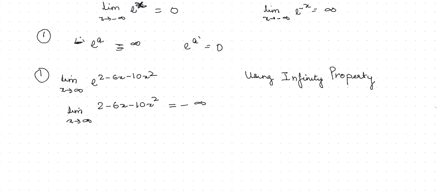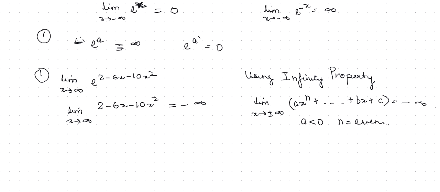Limit x tends to positive or negative infinity of ax^n will give negative infinity if a is less than 0 and n is even.